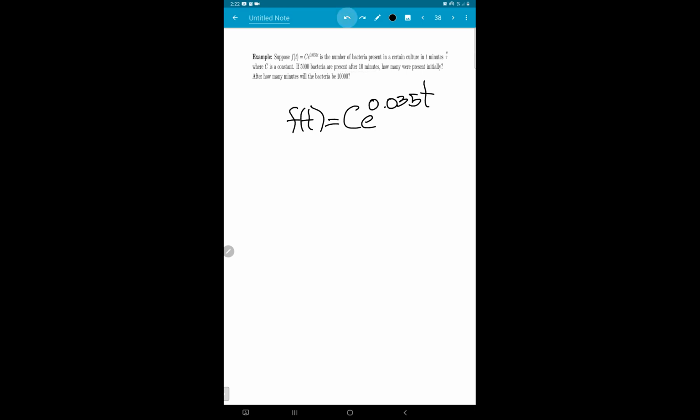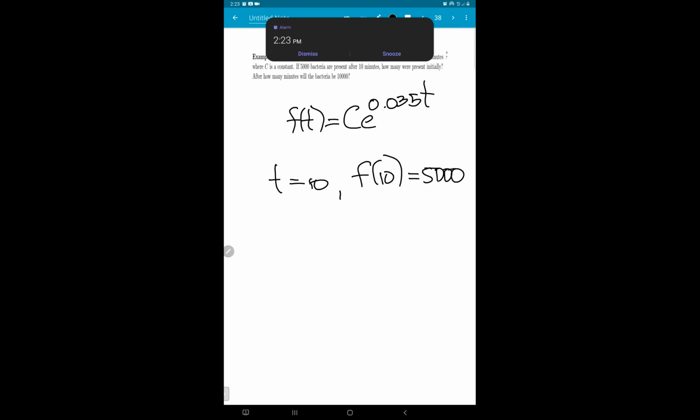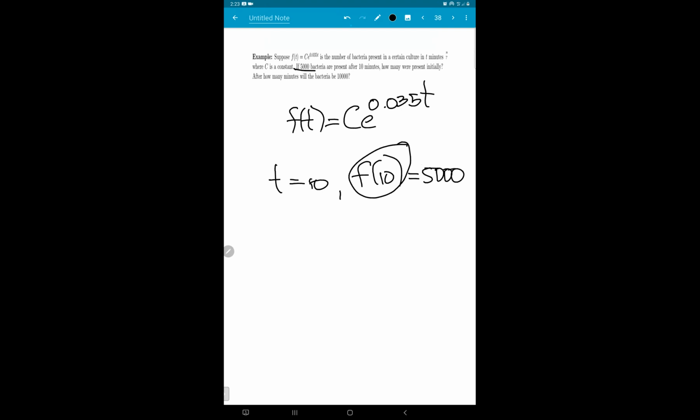So what does that mean? When t is 10 minutes, population is, sorry, population is 5,000. 10 minutes would be for your time t, 5,000 would be for your function value at that time t, or 10. So we can use this to solve for C in this one.